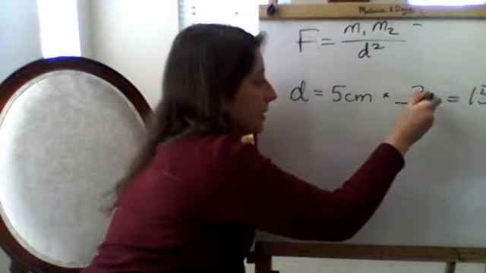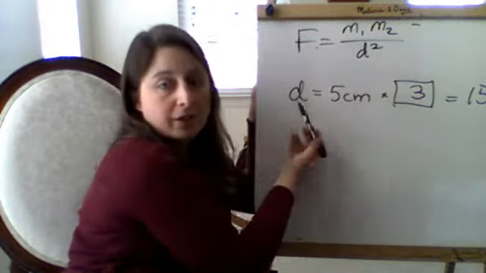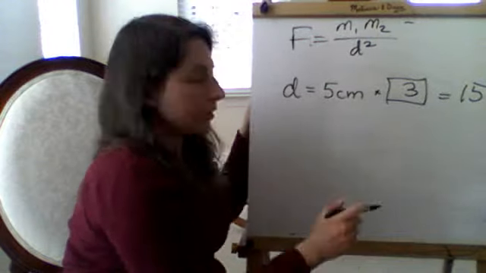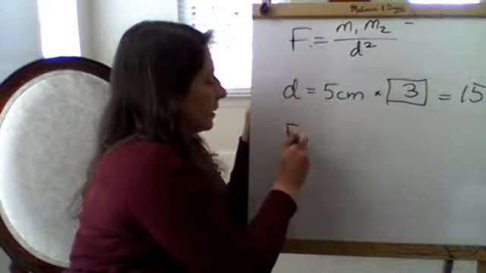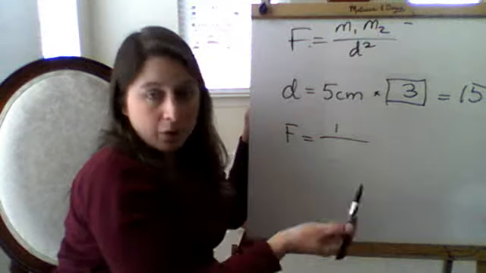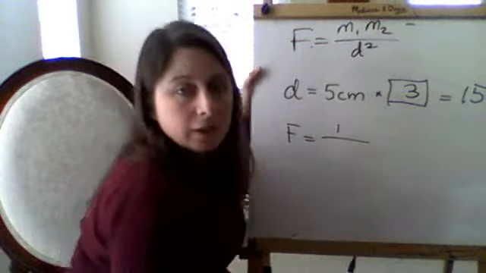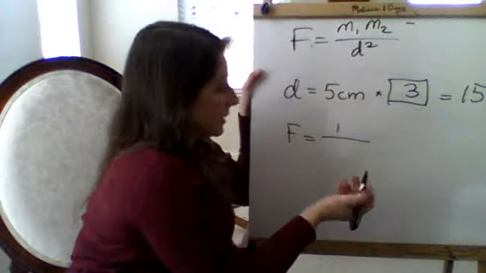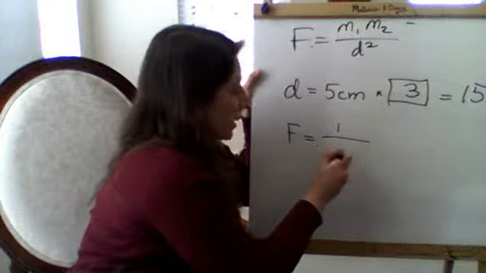Well, 5 times 3 is 15. So 3 is my factor of change for distance. Then I just plug that in. My masses don't change. When you multiply something by 1, it doesn't change it, so I'll put a 1 there. And then I plug in my factor of change here for distance, so it changes by 3.